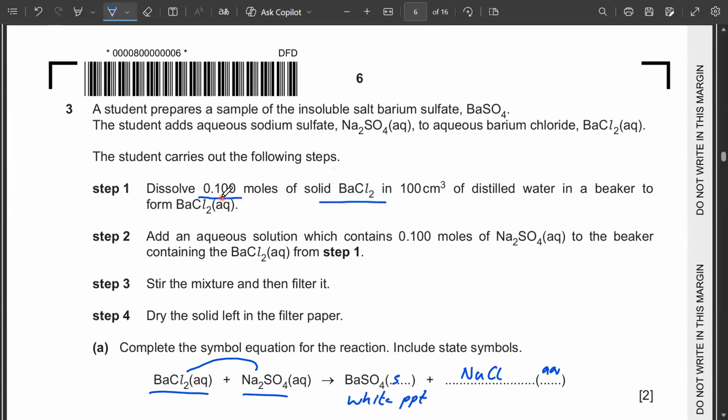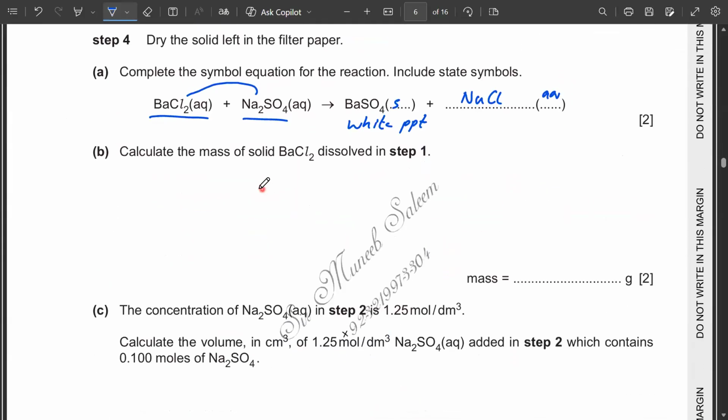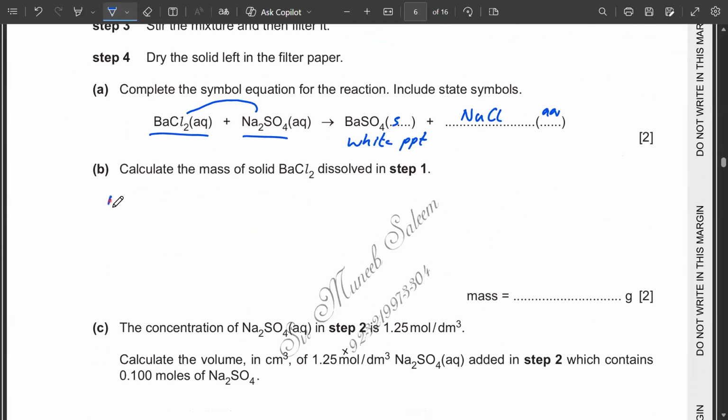It is simply converting the mole into the mass, and we remember the formula which we used multiple times. Number of moles is equal to mass over Mr. So we can rearrange this equation. Mass is equal to number of moles times Mr.